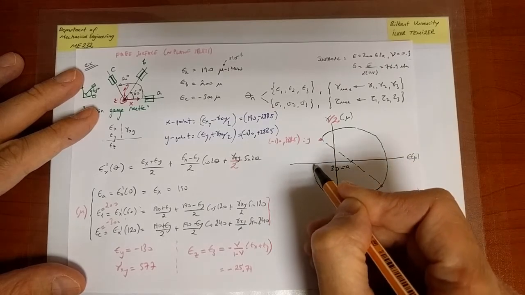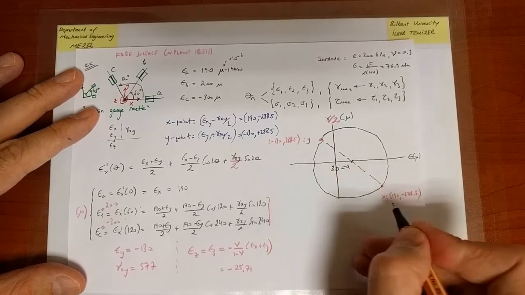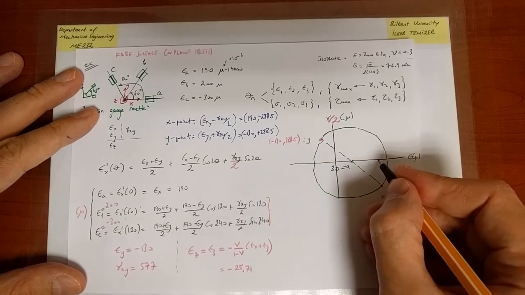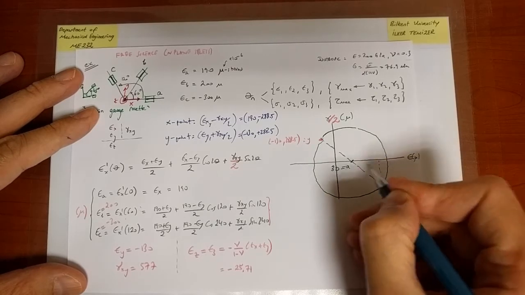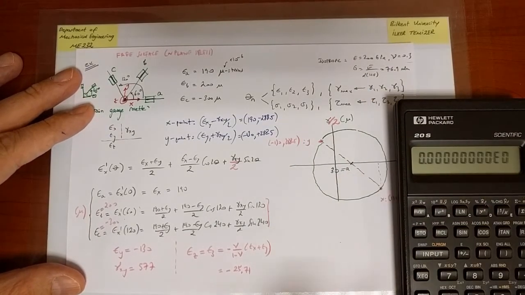That is the circle that is associated with the xy plane. Okay, so the center is at 30, and the radius is going to be associated with that distance. So that I can easily calculate.